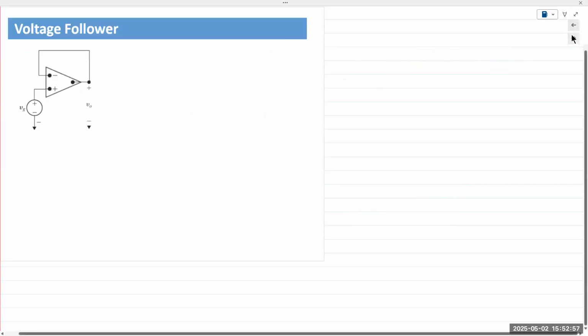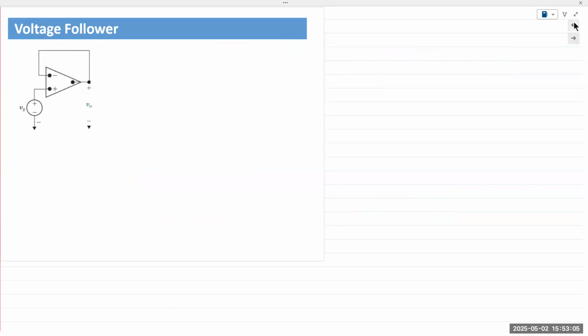All right, last circuit is the voltage follower. One of the most simple, but also one of the most important circuits. There are no resistors in the circuit. Again, this is the simplest form of a voltage follower. You have an op-amp.